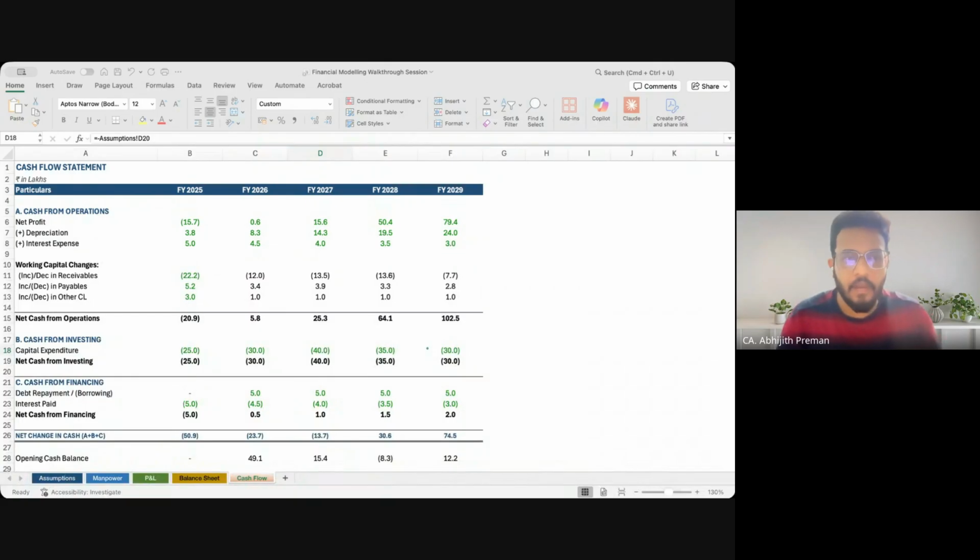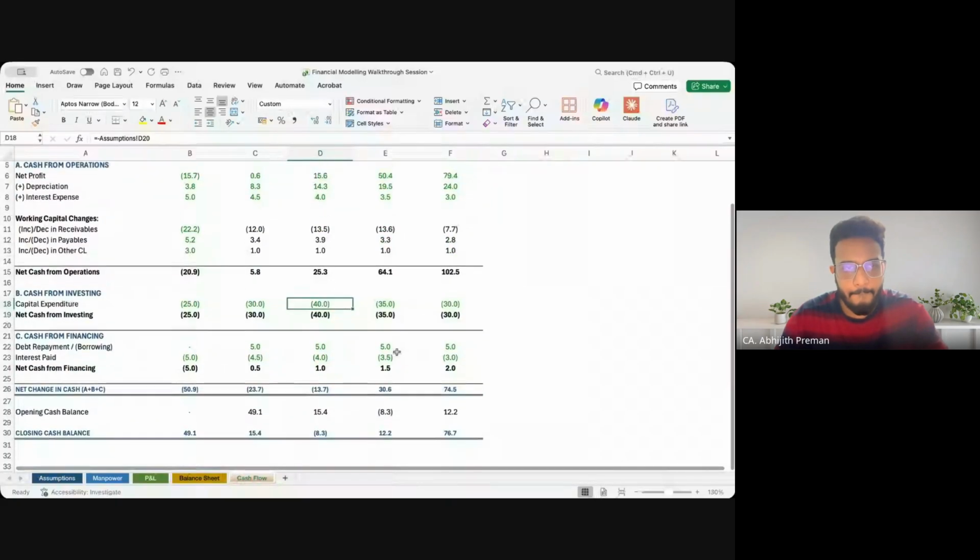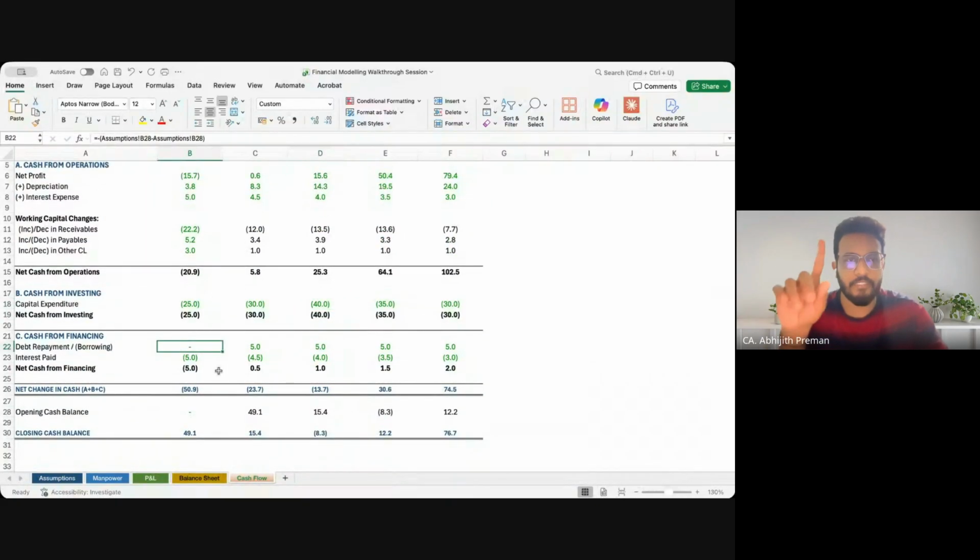Okay. Now we have cash from financing. So here we have the debt repayment or borrowing. So ideally, sorry, I have missed out the debt and the equity part here.